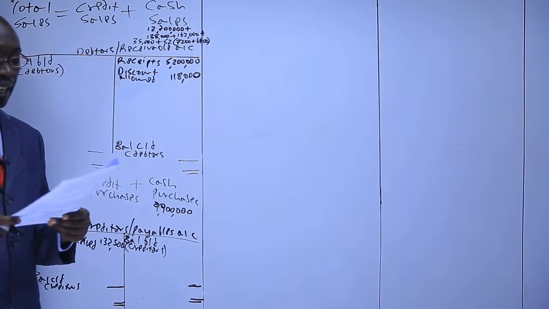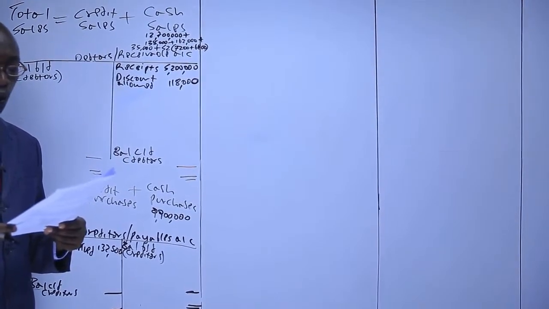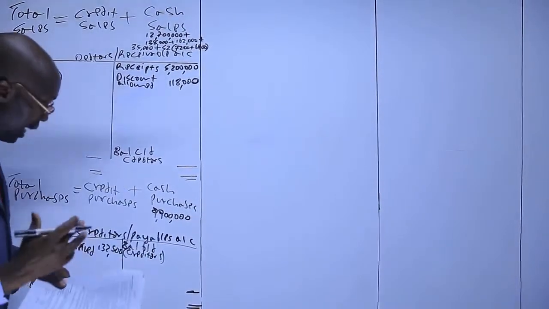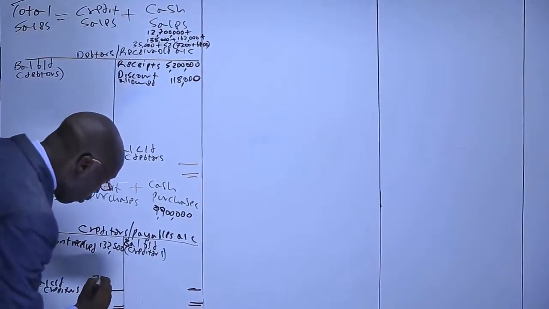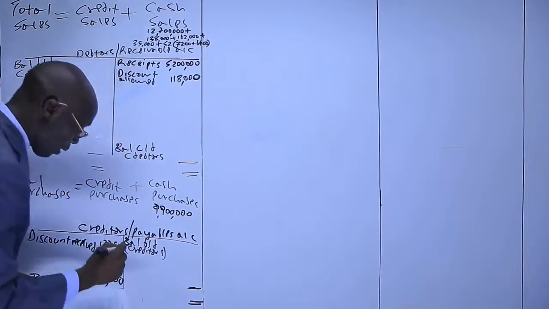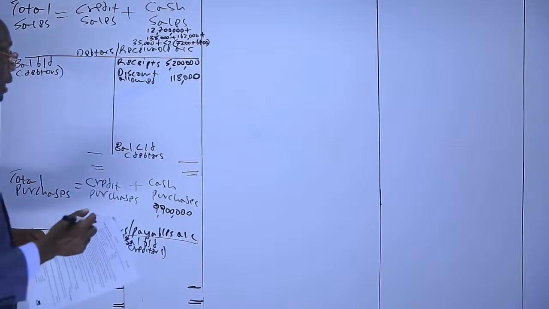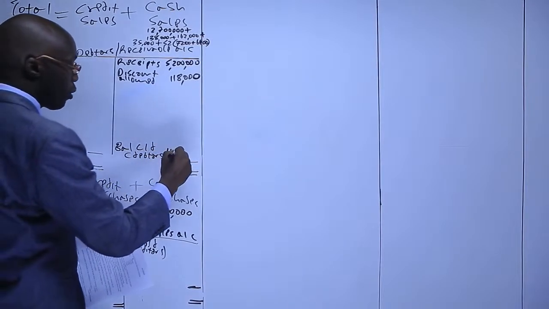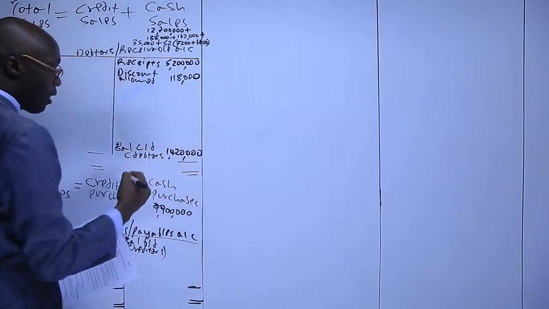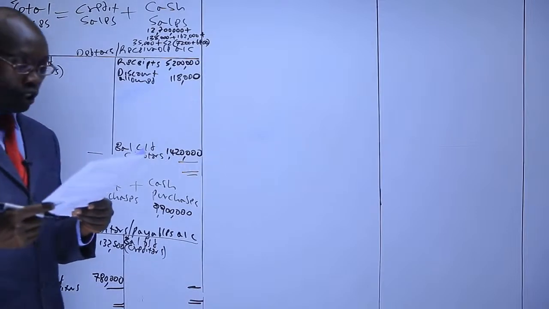As at 31st December 2019, the amount owed to supplier was 780. Now, this at the end of the year, what the suppliers are owed is 780,000. And then, the amount owed by customers, 1420. What is owed by the customers is 1420 at the end there. We continue.